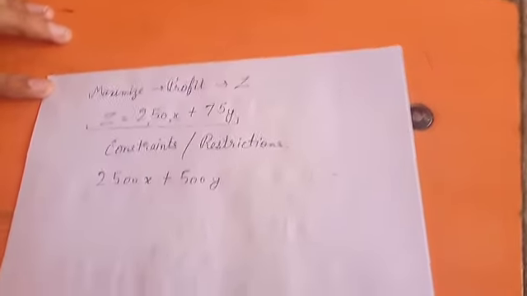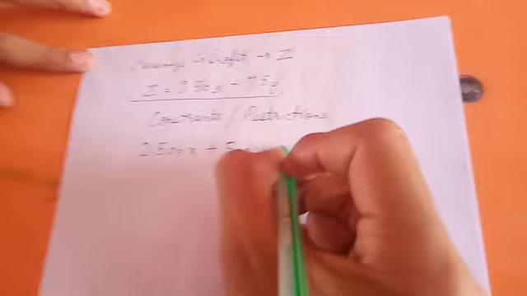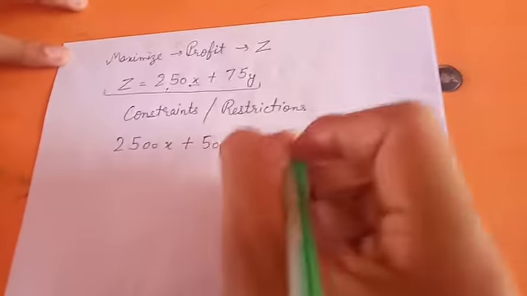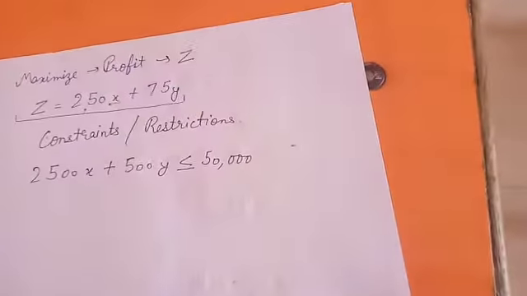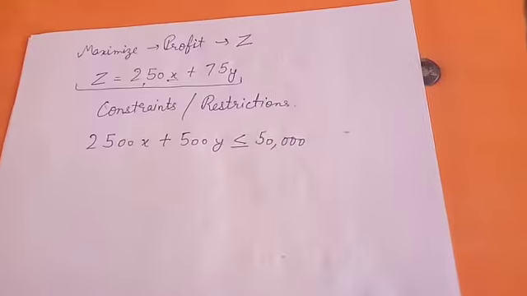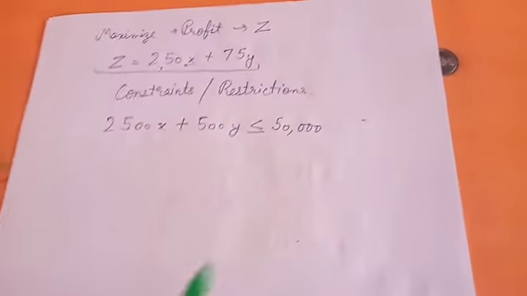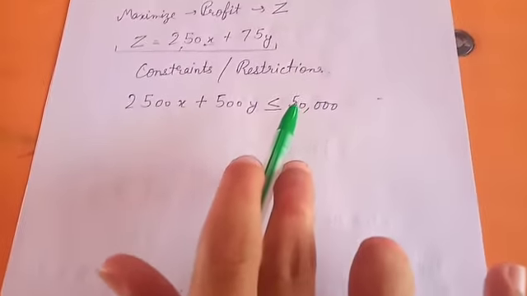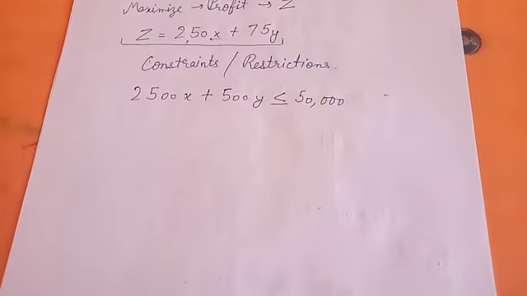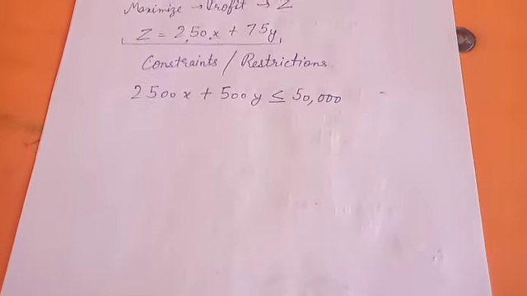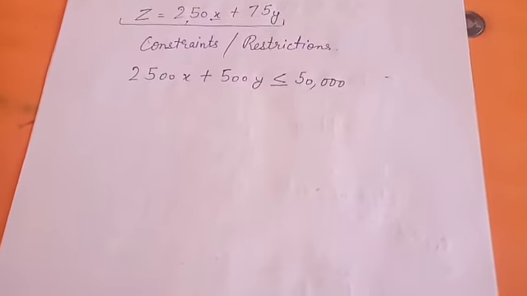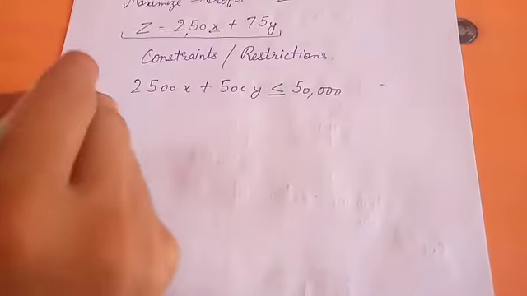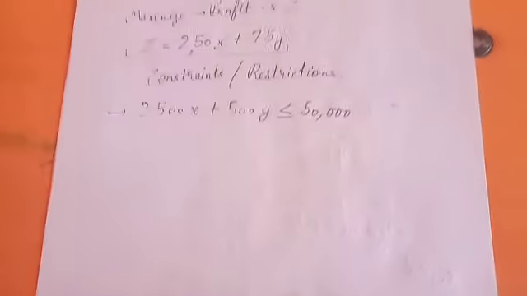This whole will be less than or equal to 50,000, because this will be the cost of all the things you will buy, and it can be at most 50,000, not greater than that. Either it will be equal to 50,000 or less than that. So one of your constraints is this.